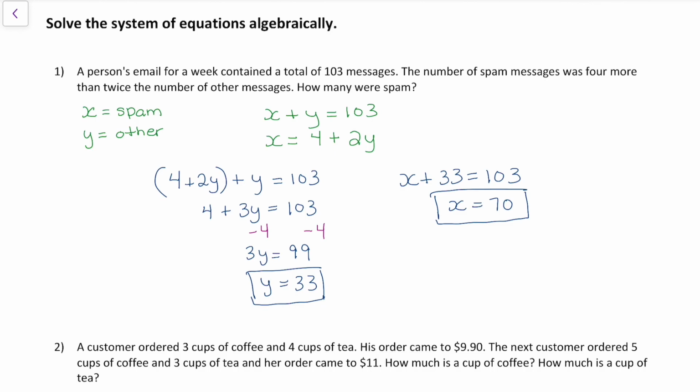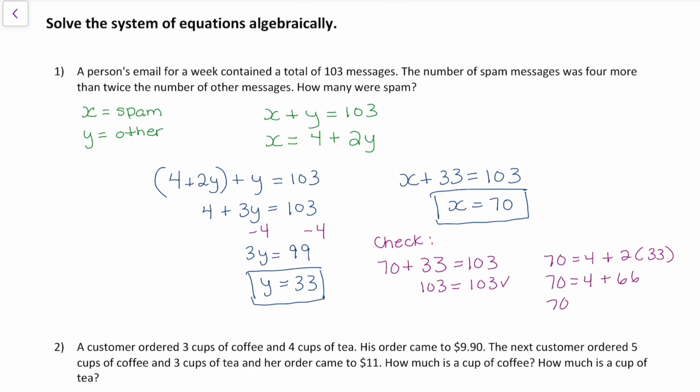And we can check our work. 70 plus 33 should equal 103, and it does. And 70 should equal 4 plus 2 times 33, which is 4 plus 66, which is in fact 70.